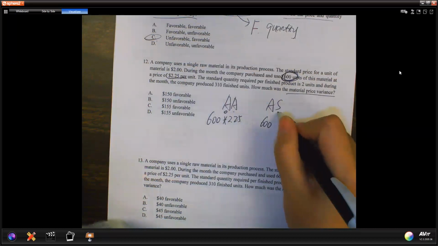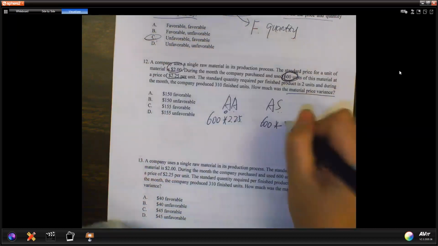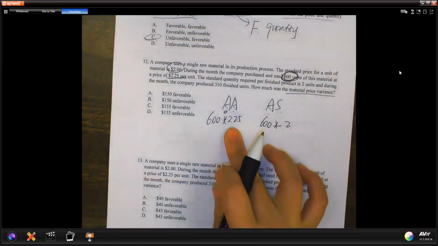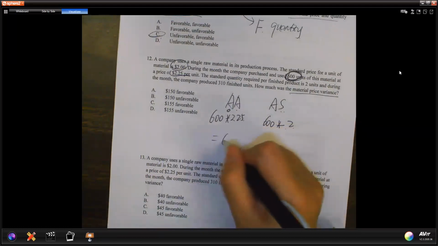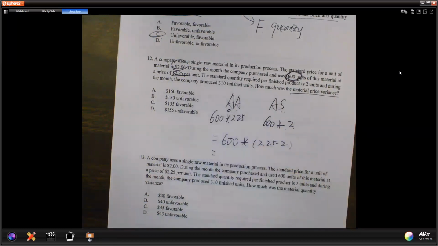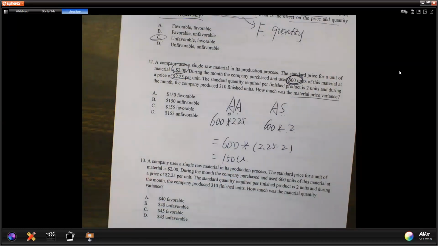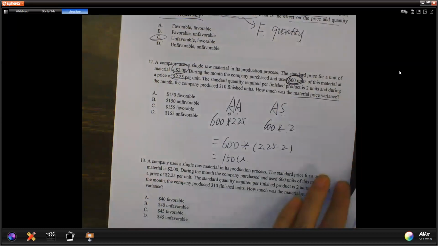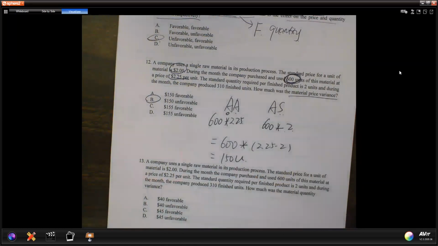My standard price is $2. So actual is 2.25, standard is 2, so I will have an unfavorable. Will be 600 times 2.25 minus 2, so will give me 150 unfavorable. Let me check my answer. Yes, 150 unfavorable.